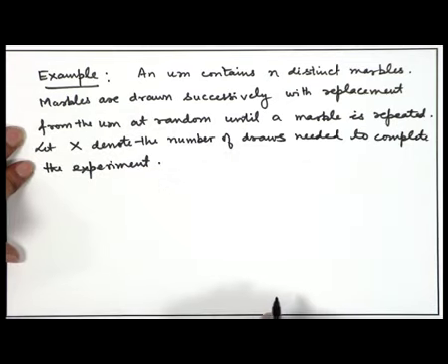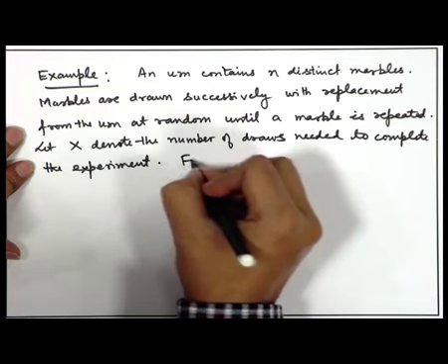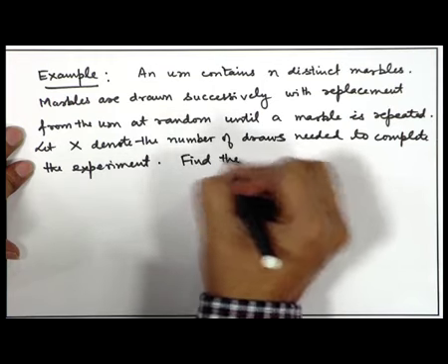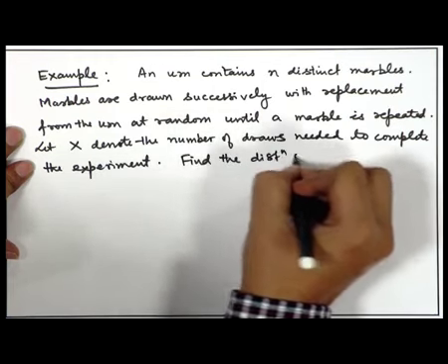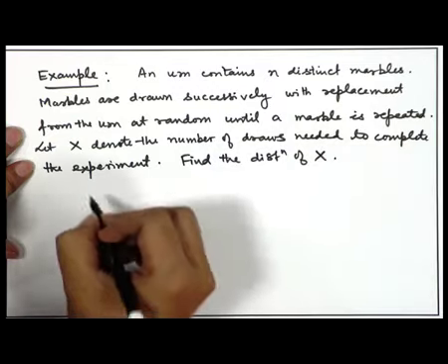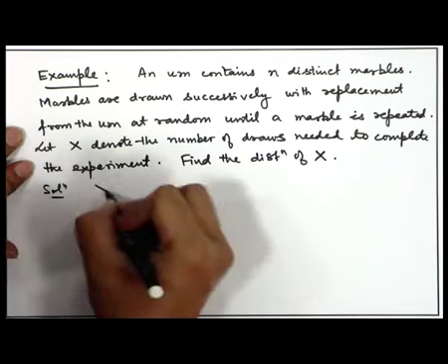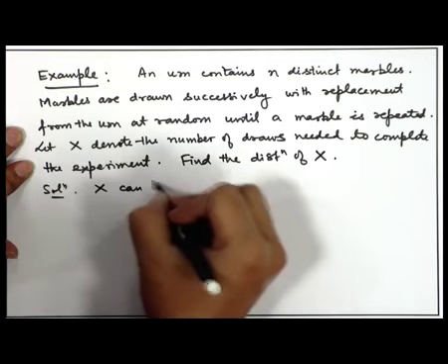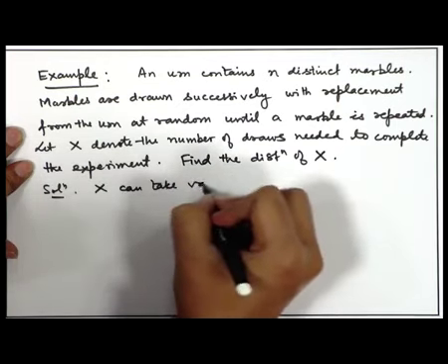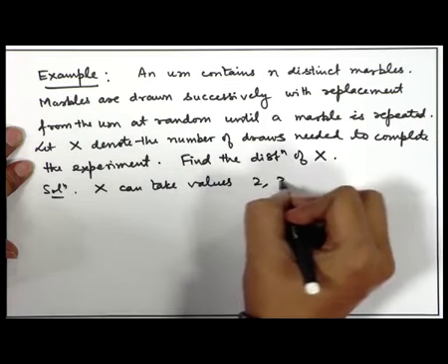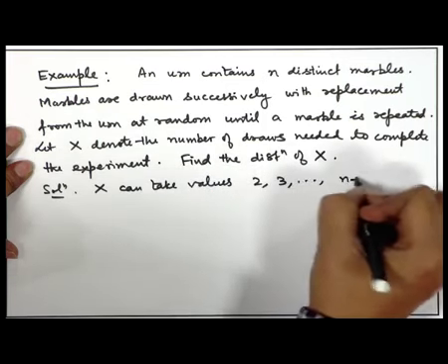We want to find out the distribution of X. X can take values 2, 3 and so on up to n plus 1.